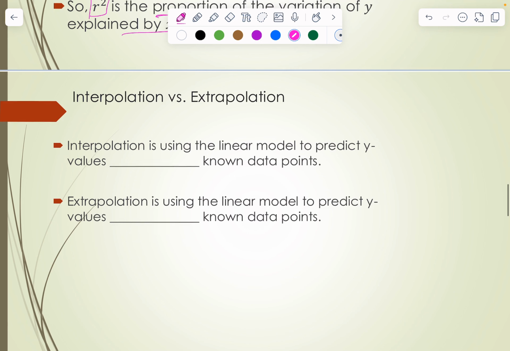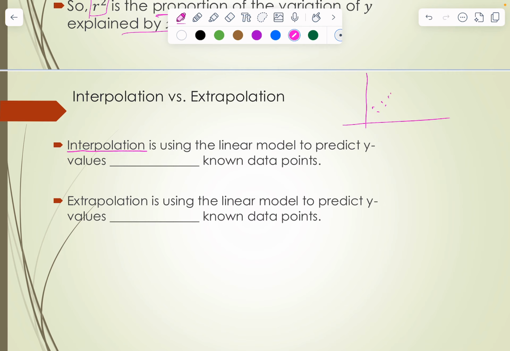Okay, now, there's two different ways you can fill in values when you have a line of best fit. One, you can do interpolation, and that's when you have your data and your line of best fit, and you're curious about a particular value inside of the range where your data is. So the range of data is like here, I've got x values.